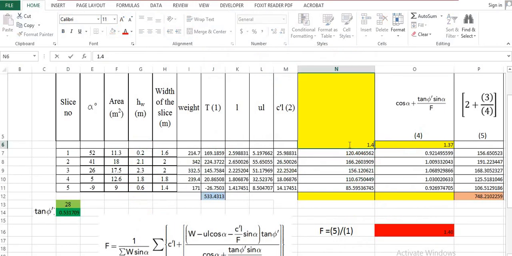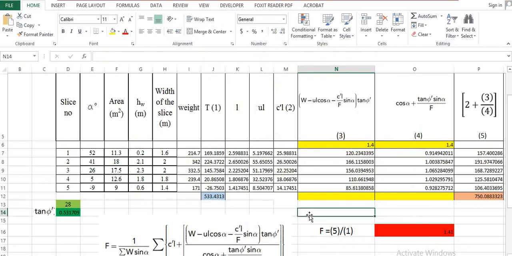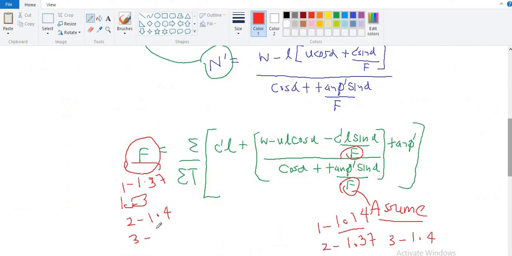Now we have 1.41. Right? So it is much closer. For one decimal place, it is almost the same.